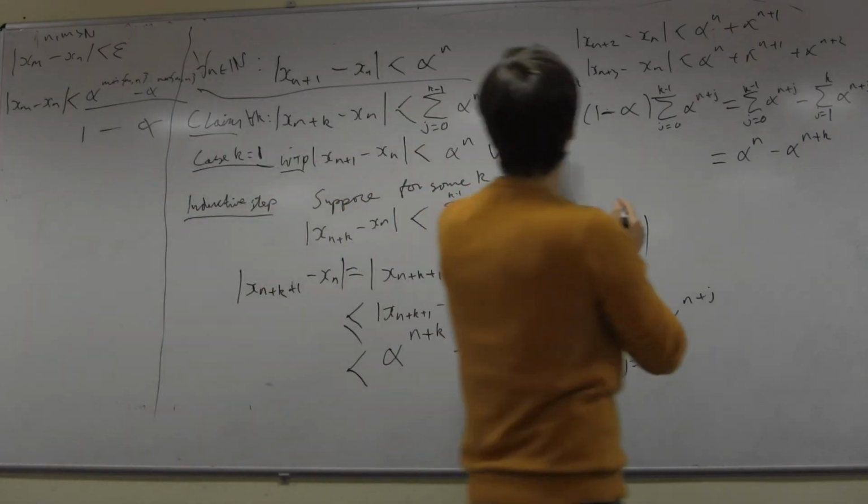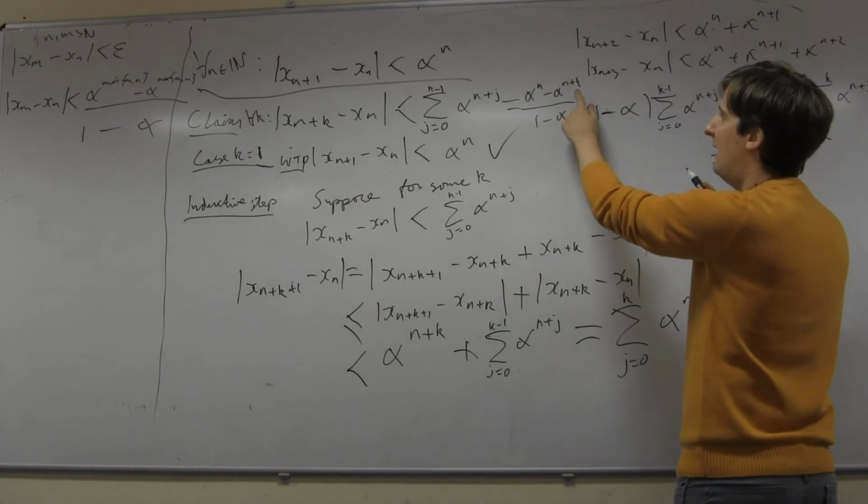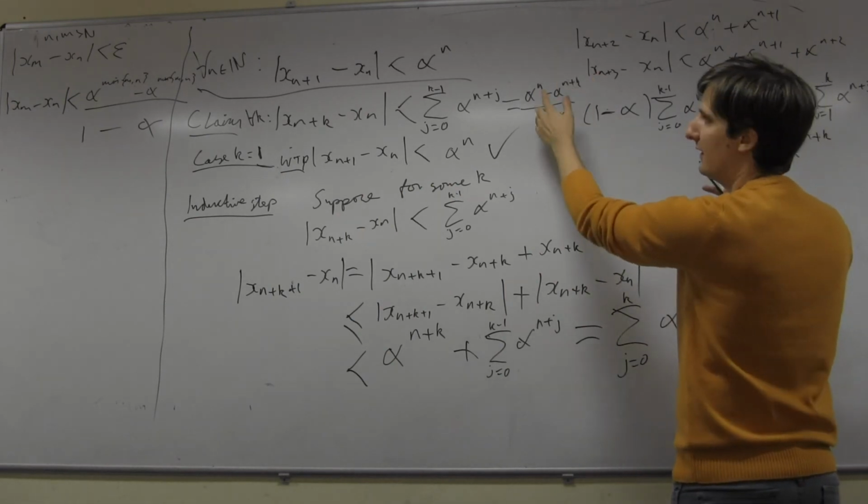You see, here we had n and n plus k. So n plus k is like the maximum, n is like the minimum.